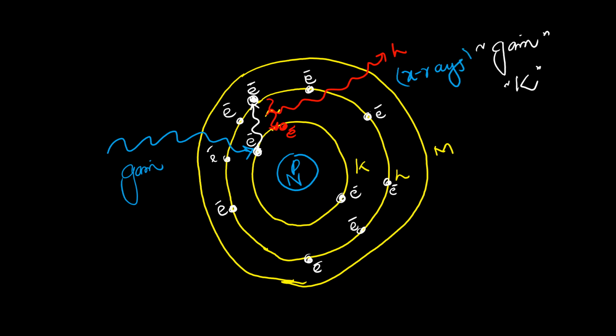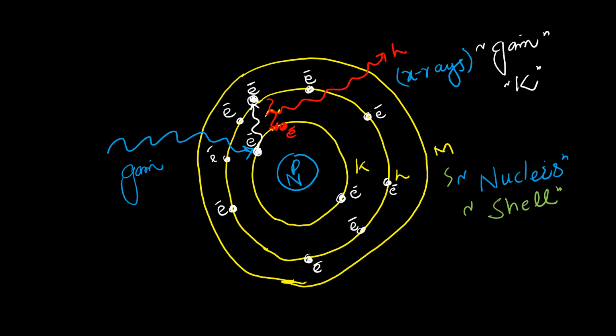So basically, gamma rays are also a similar kind of transition like X-rays, but gamma rays are produced due to transition of nuclei from a high energy state to a low energy state, whereas in X-rays it takes place due to transition of electrons in energy levels or in shells.